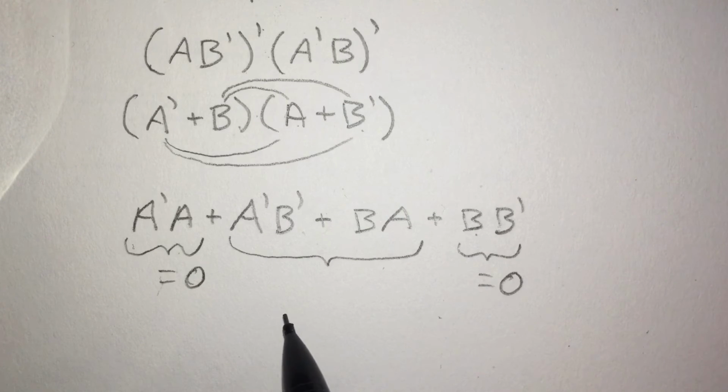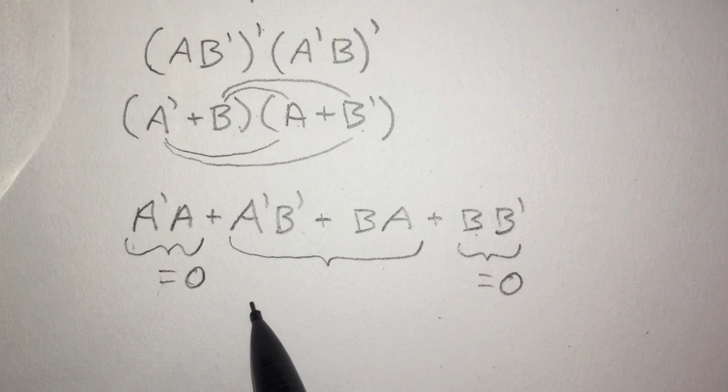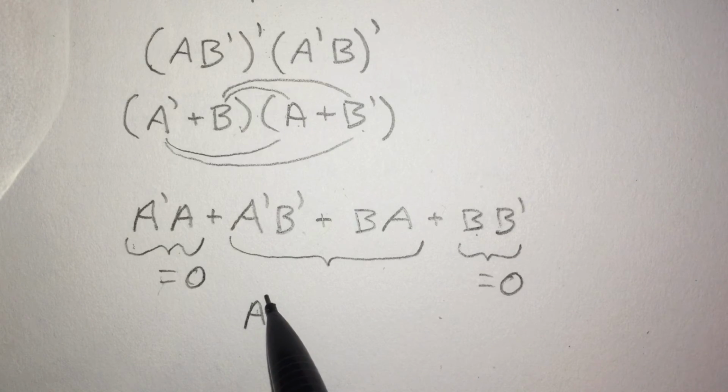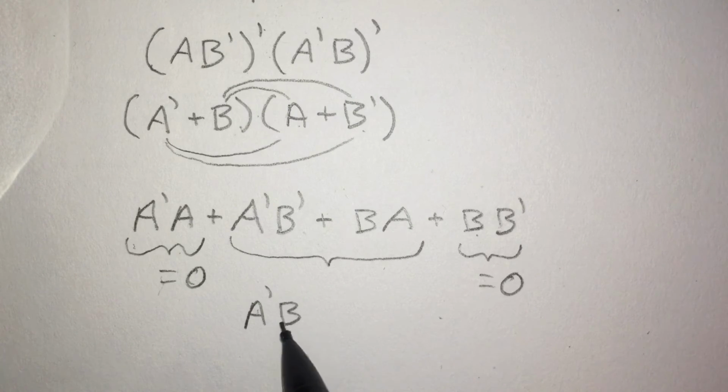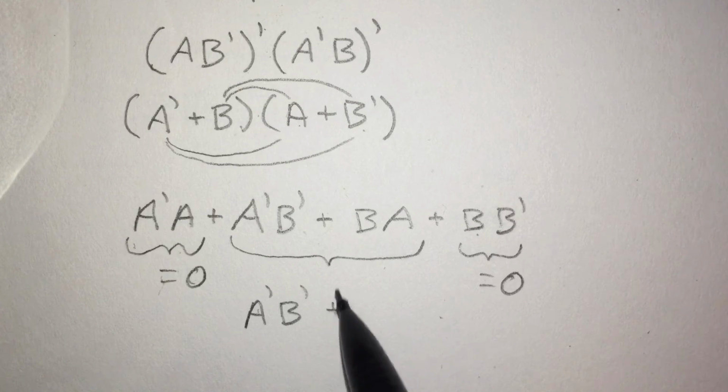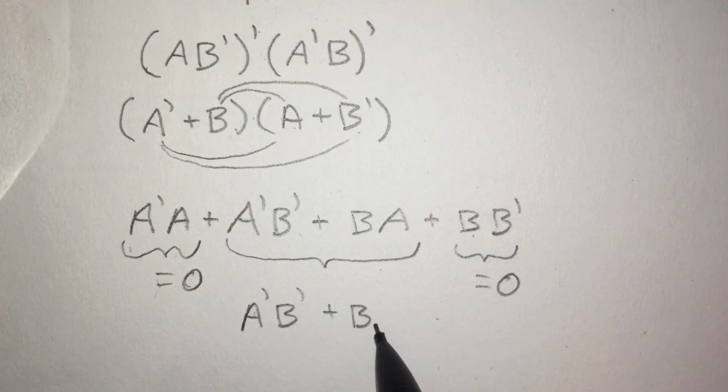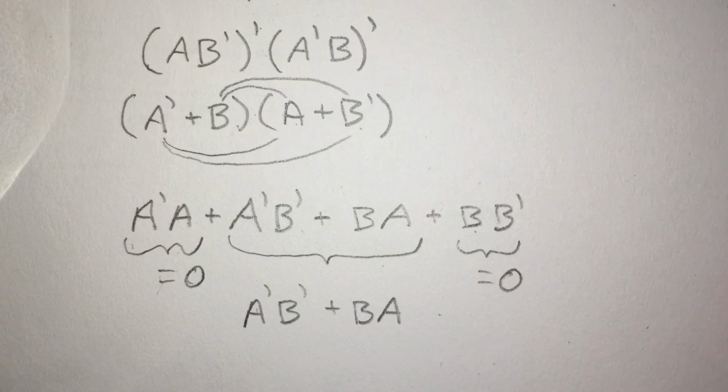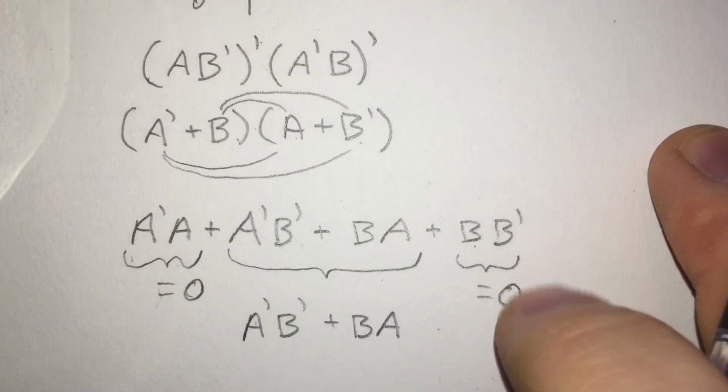Now that leaves us with these two middle terms, A not B not, or B and A. Well, that's what we wanted to prove.